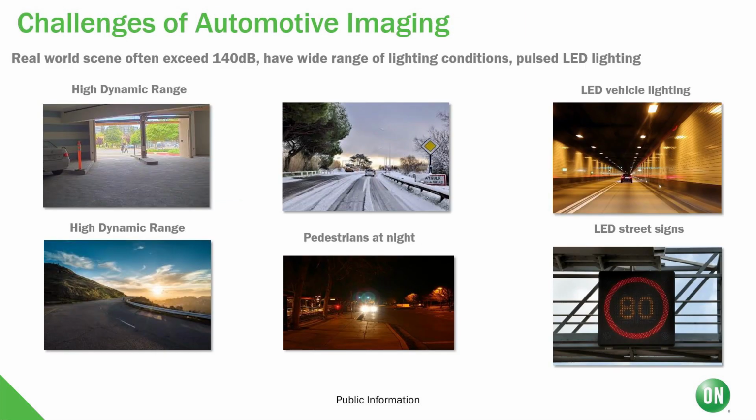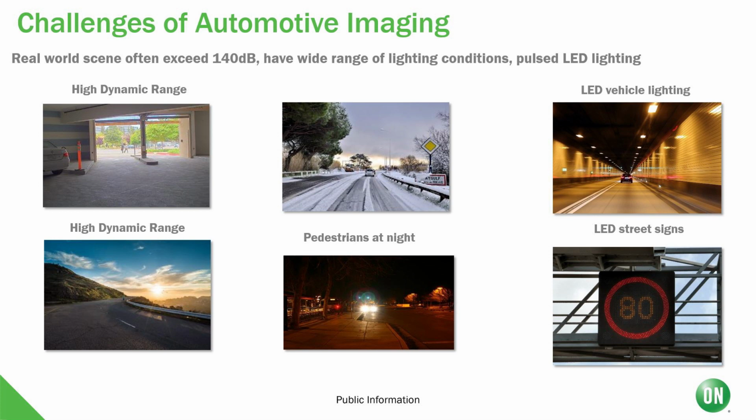So looking in detail further, these challenges in automotive imaging are quite diverse. The high dynamic range, some examples, pulling out of a parking structure. It could be very dark, and we have the outdoor scene, and we can expect a scene like that to be 120, 130, even 140 dB of dynamic range.